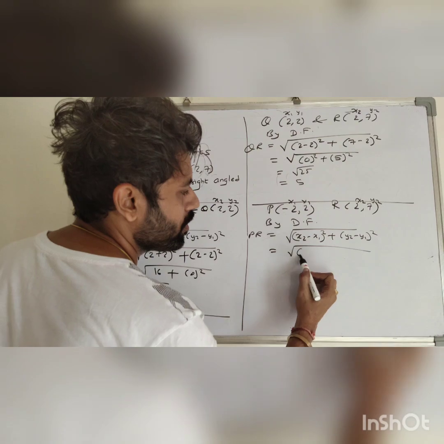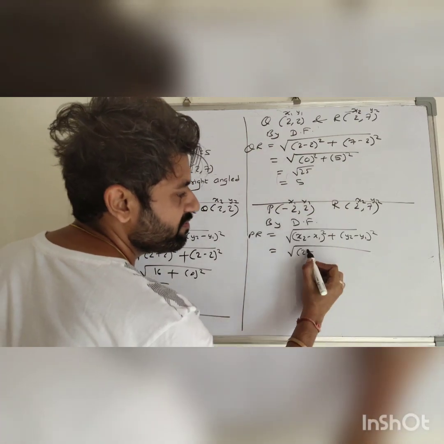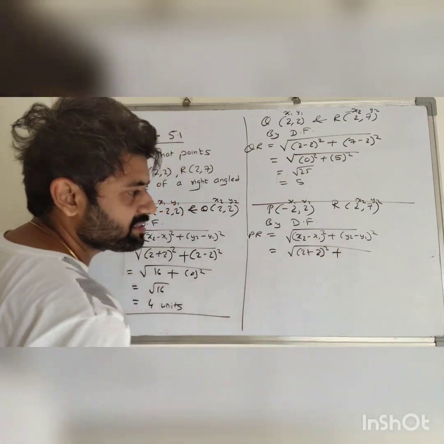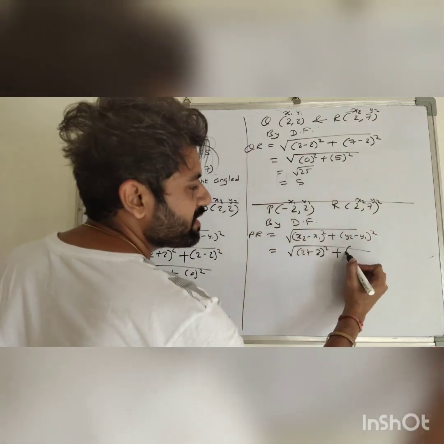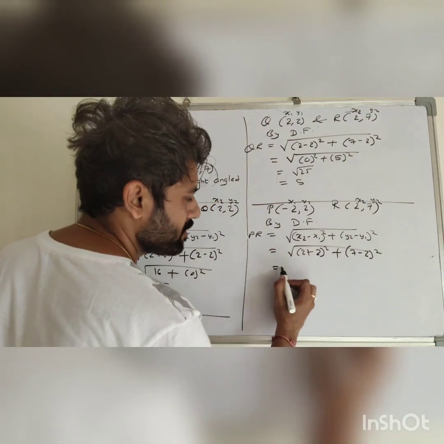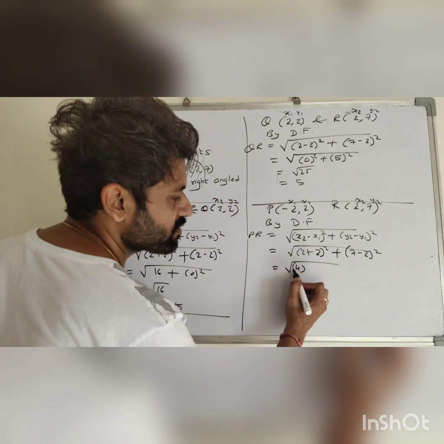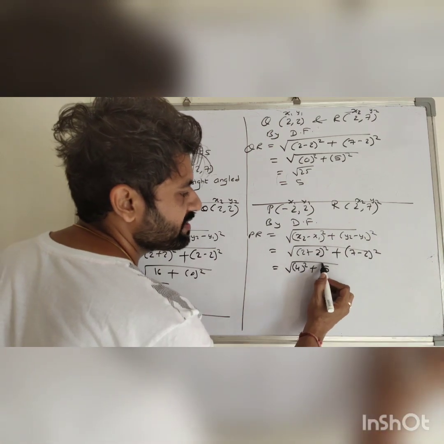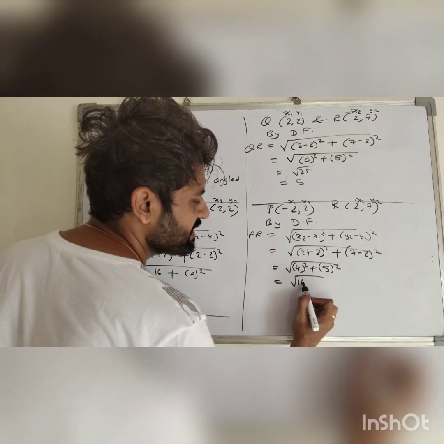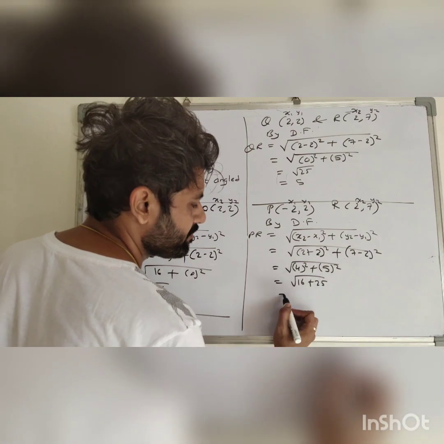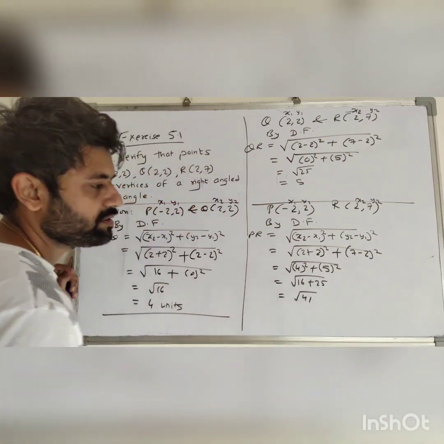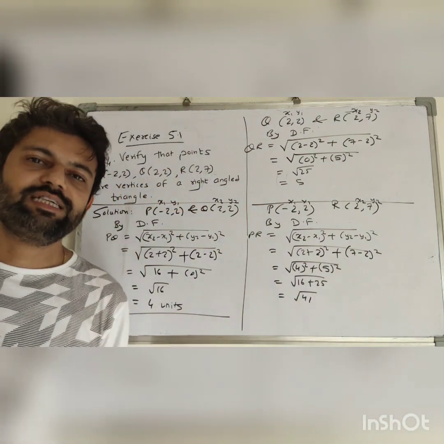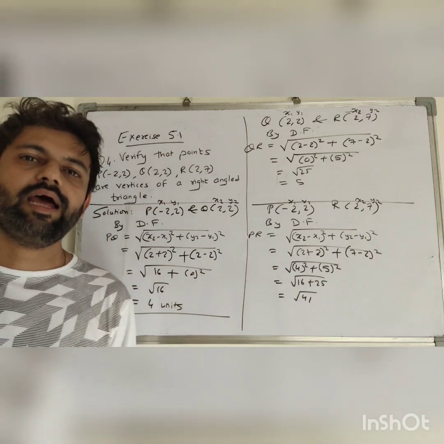Root of (2 plus 2) the whole square plus (7 minus 2) the whole square. 2 plus 2 is 4 squared plus 7 minus 2 is 5 squared. 4 squared is 16 plus 25, that is root of 41. In this way, we found three distances PQ, QR and PR.